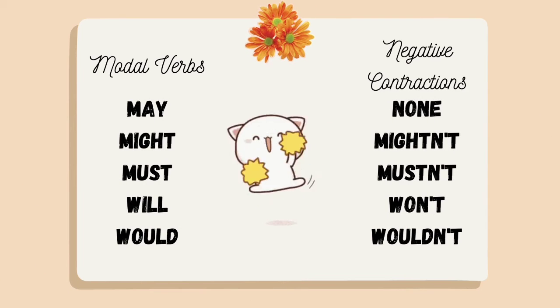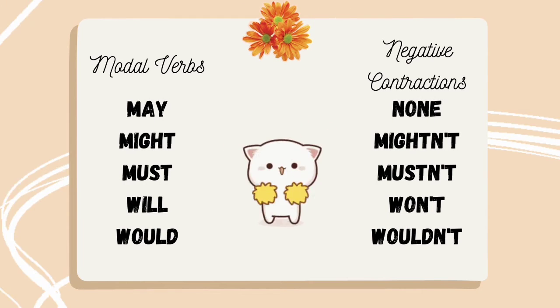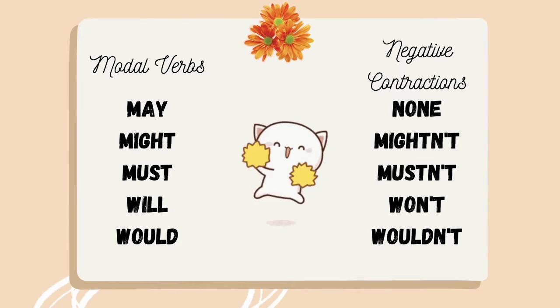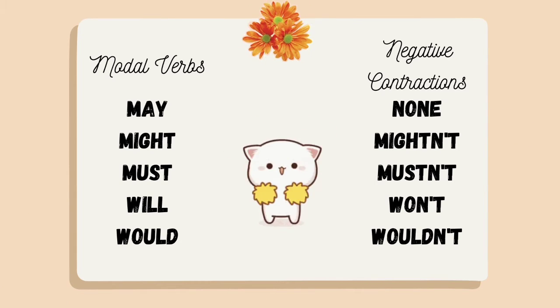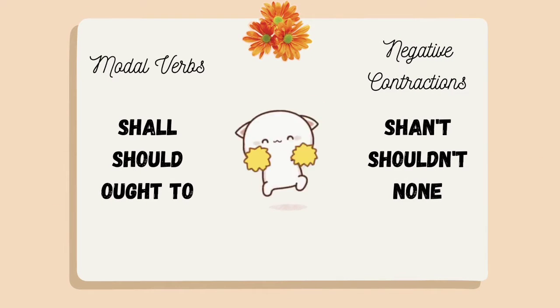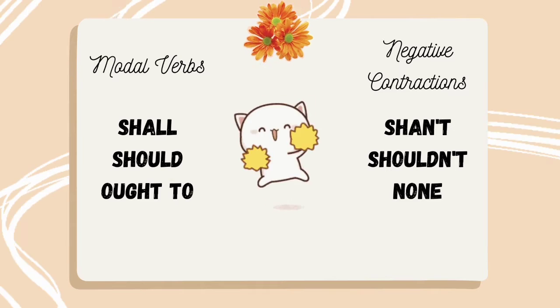Some of the modal verbs have negative contractions: must, mustn't; might, mightn't; will, won't; would, wouldn't; shall, shan't; and should, shouldn't.